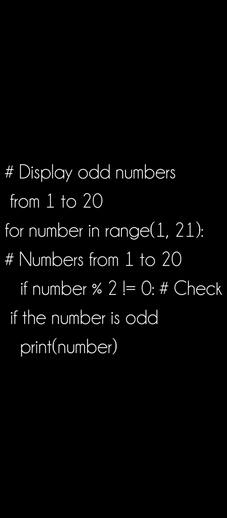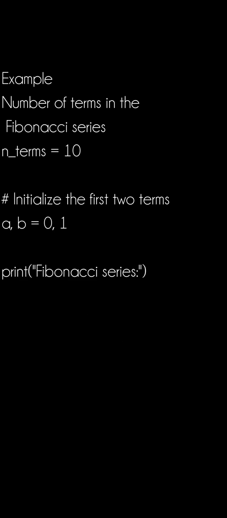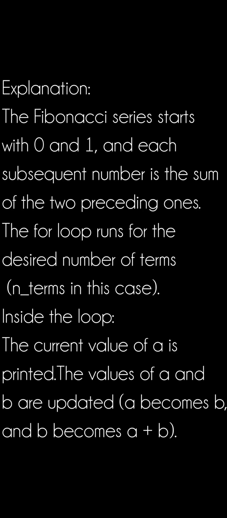Display odd numbers from 1 to 20. Example, number of terms in the Fibonacci series. The Fibonacci series starts with 0 and 1, and each subsequent number is the sum of the two preceding ones.